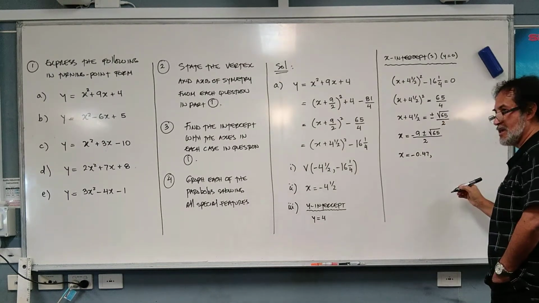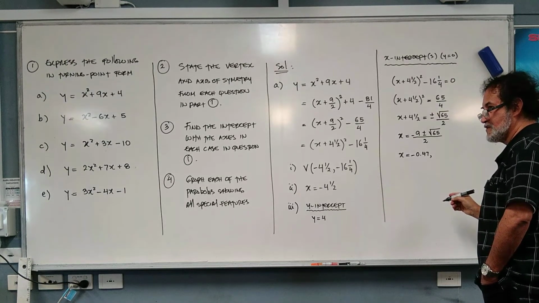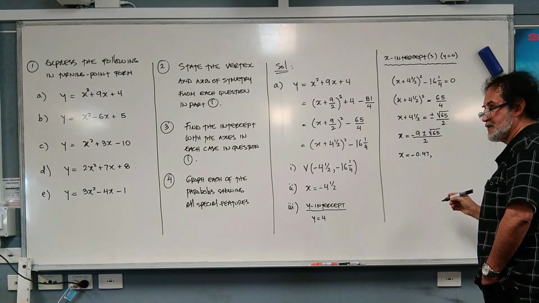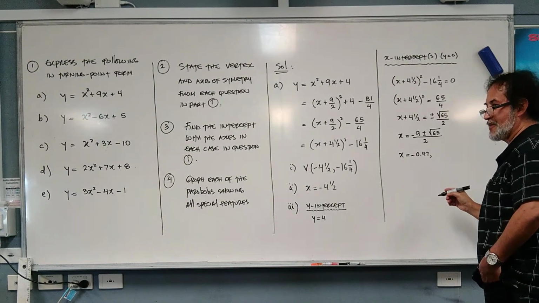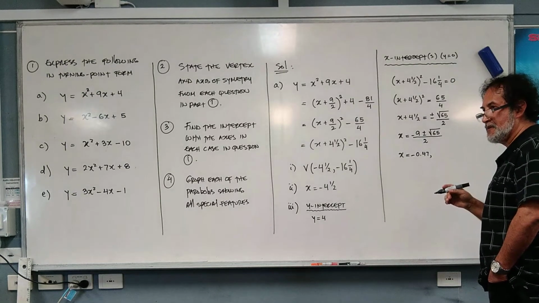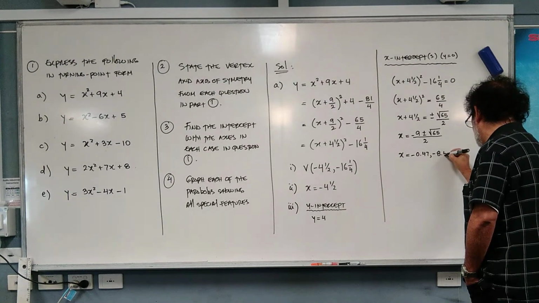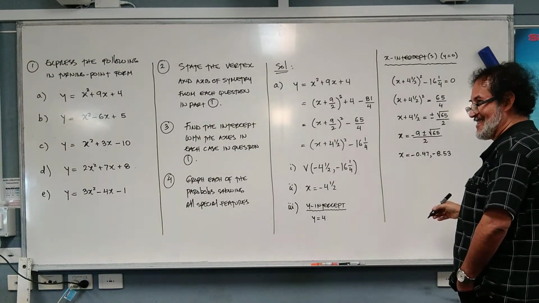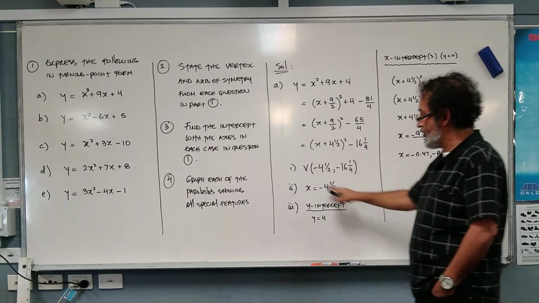And the other one? Negative 8.53. Do you get the same? All right. So that was the answer for the third part.